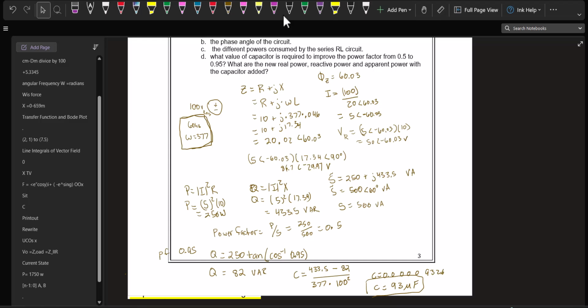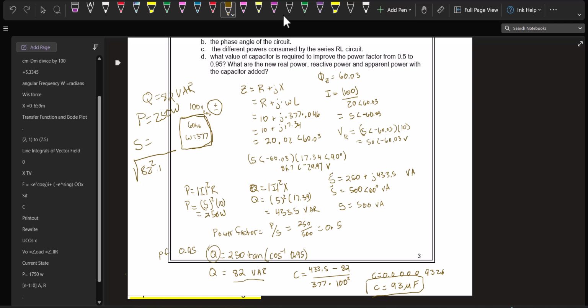Okay, so the last part now, we know that Q is 82 because that's what we got from doing this. So this is the reactive power. The real power doesn't change. That's still 250 watts. And so the apparent power is going to be the hypotenuse of that triangle.